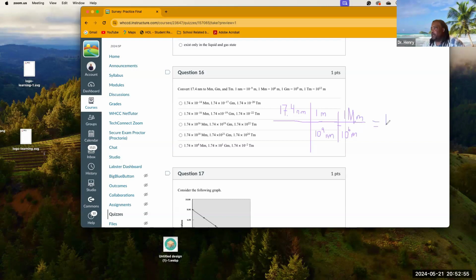So that would be 1.74 times 10 to the negative 14 megameters. So all of those are going to be incorrect, and this is going to be my correct answer.